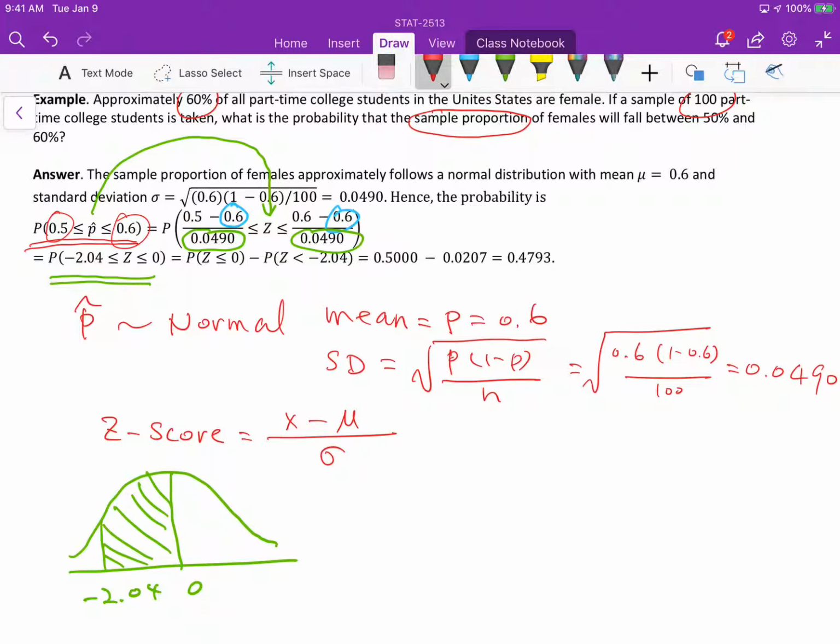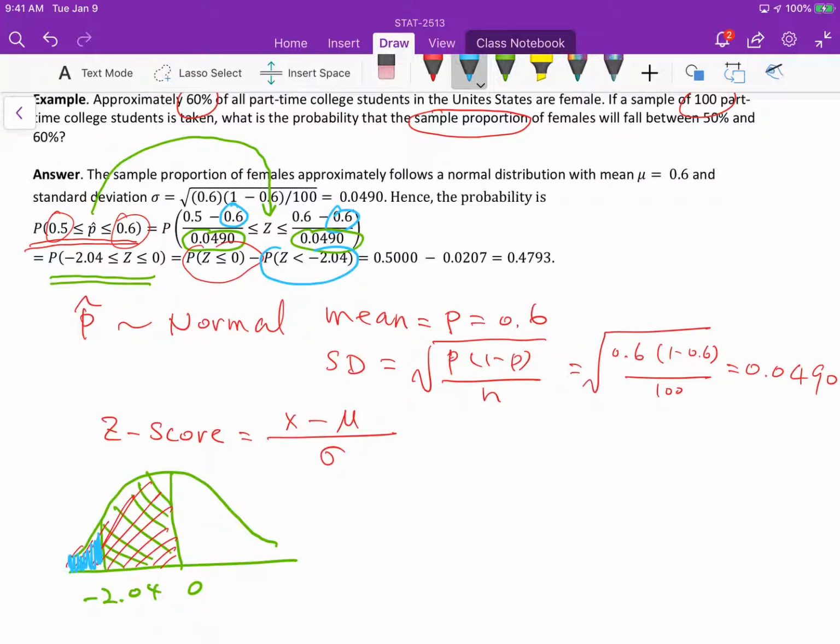We can first find the probability of this whole area, which is the probability z smaller than or equal to 0, and then subtract the probability in this area, which is z smaller than negative 2.04.